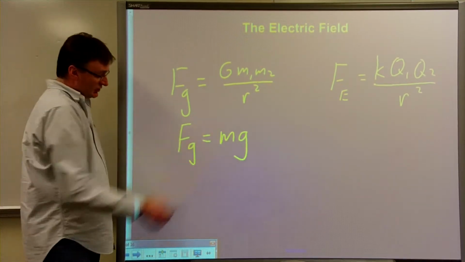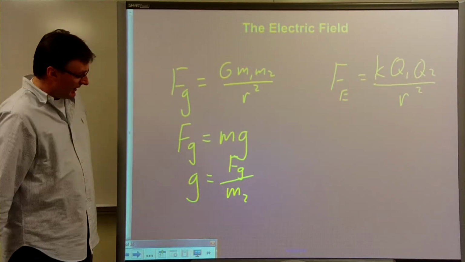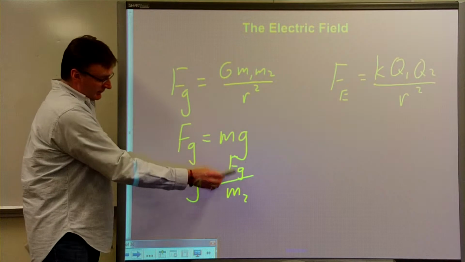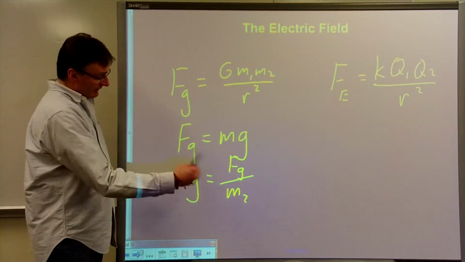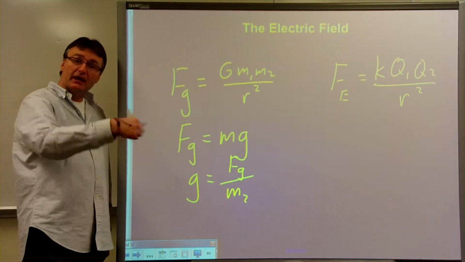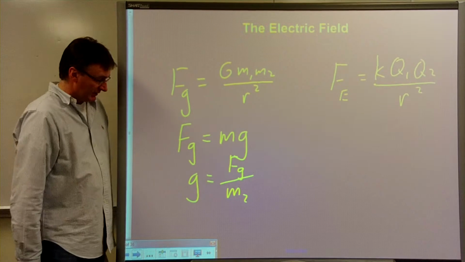So F equals mg, and g is simply the force of gravity divided by the second mass. Whatever mass you have within that gravitational field, you just divide by that particular mass.